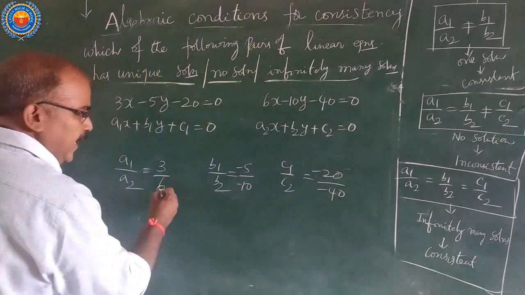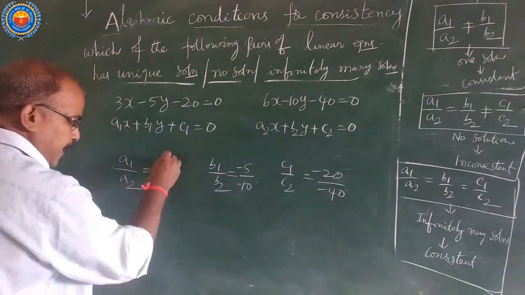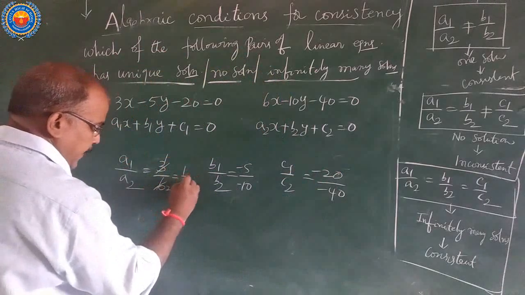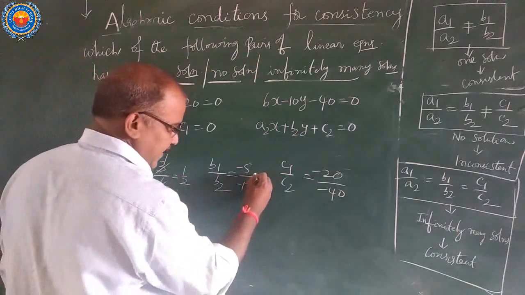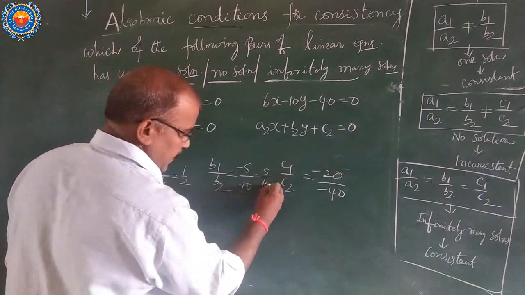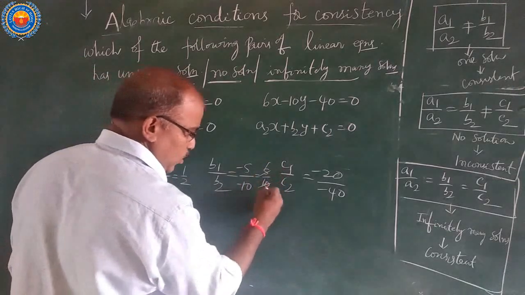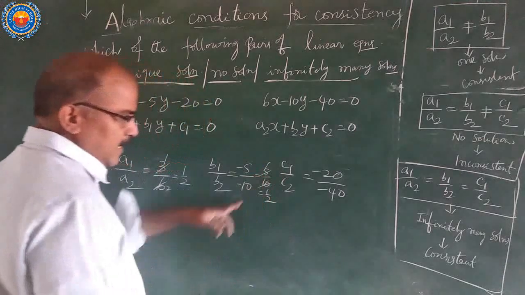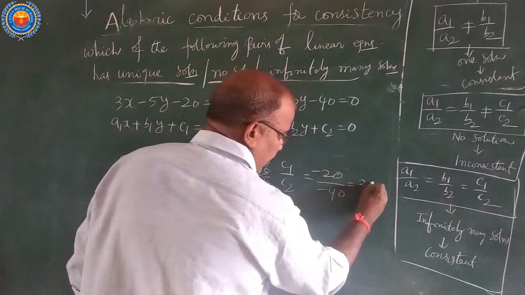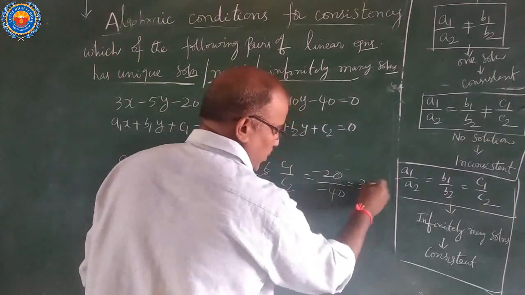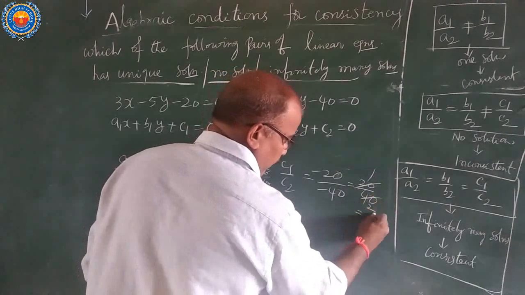Just to simplify, 3 ones are 3, 3 twos are 6, so 1 by 2. Here directly you can write 5 by 10, that is nothing but 1 by 2. Coming to here, 20 by 40, that is 1 by 2.